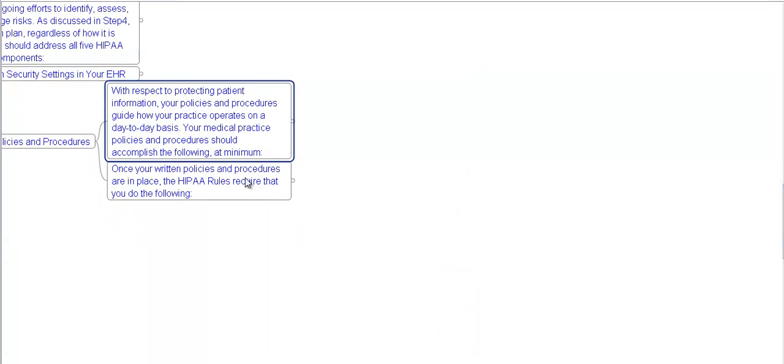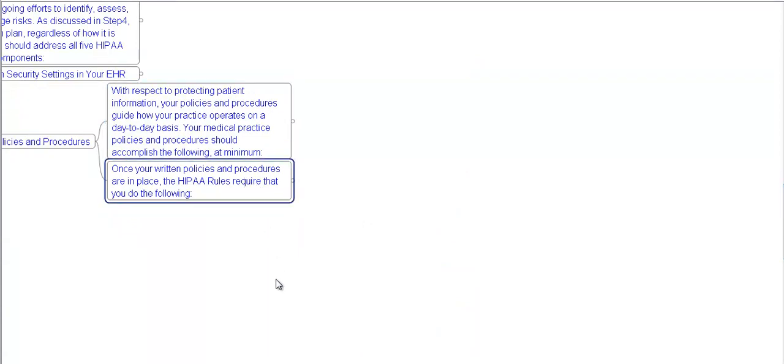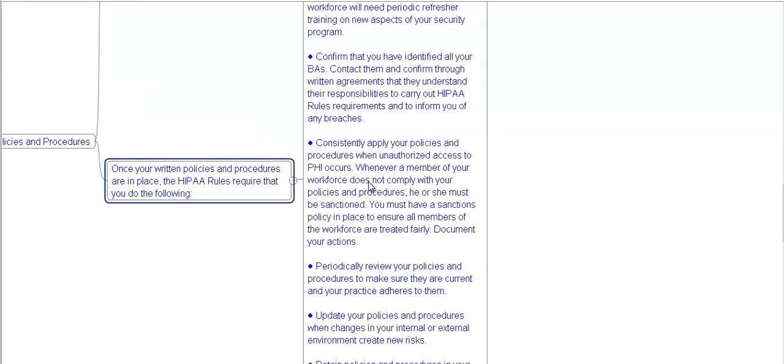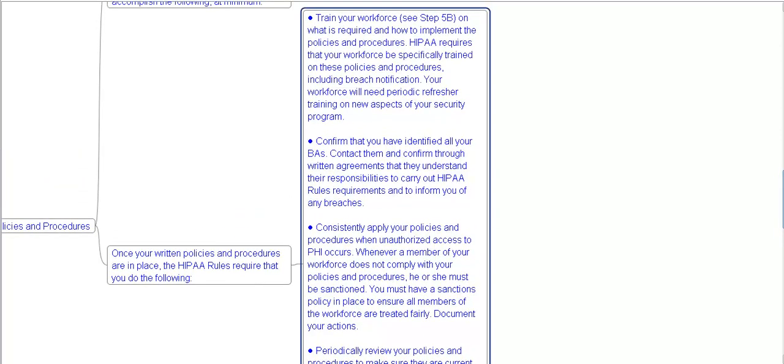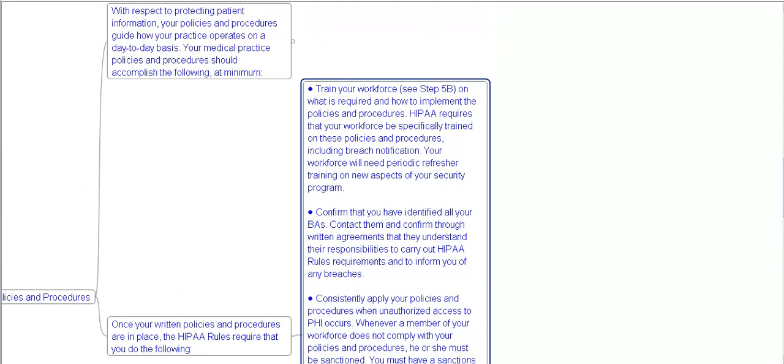Once your written policies and procedures are in place, the HIPAA rules require that you do the following. Train your workforce, see step 5b, on what is required and how to implement the policies and procedures.